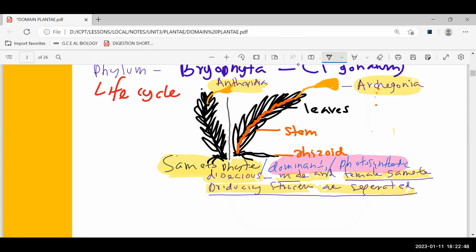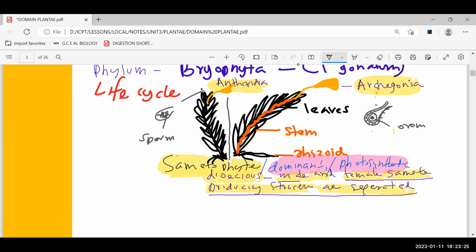Now, if we look, antheridia produce the sperm cell, and archegonia produce the ovum. This is the ovum, and these are sperm cells.